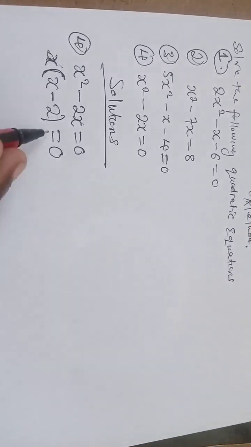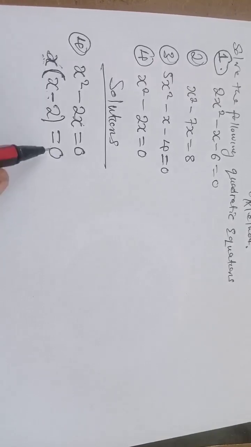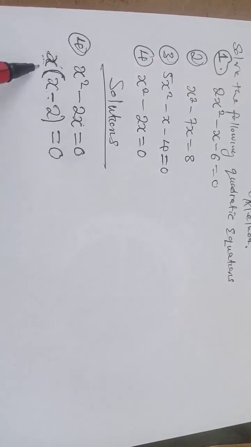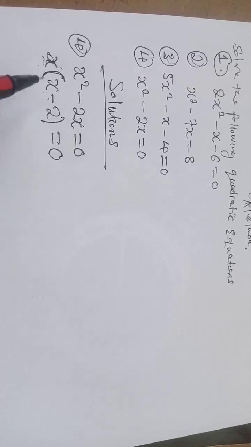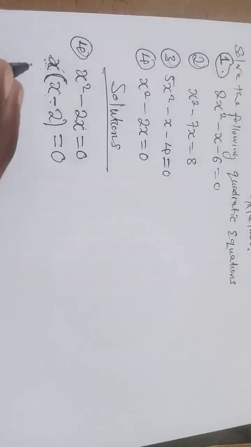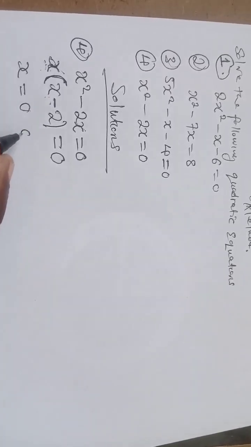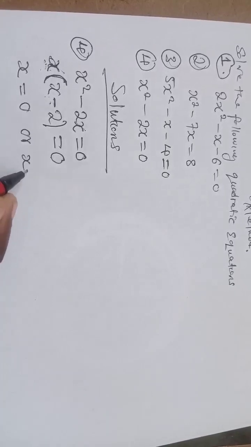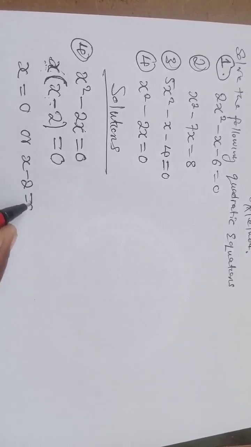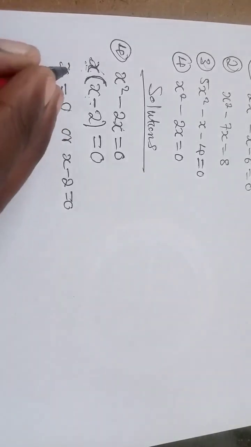Then you remember I said if you have two factors and they are equal to 0, what you're supposed to do is to equate each factor to 0. So x is equal to 0, or x minus 2 is equal to 0. Here the answer is already there.